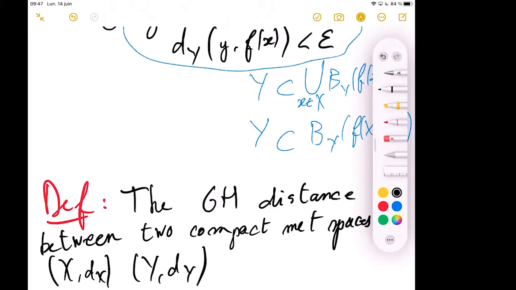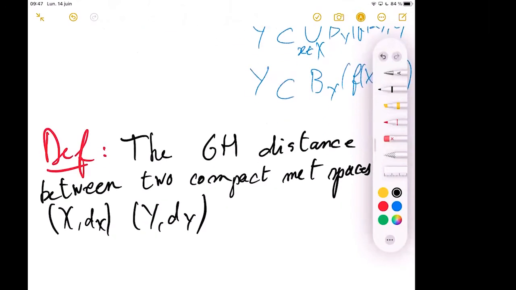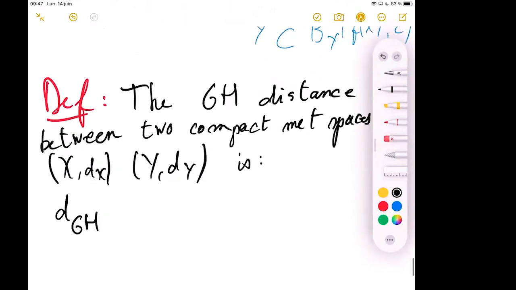When there's no ambiguity, we will tend to just use X and Y and assume that it comes with some metric which makes it compact, just to have simpler notations. So the definition is the following.